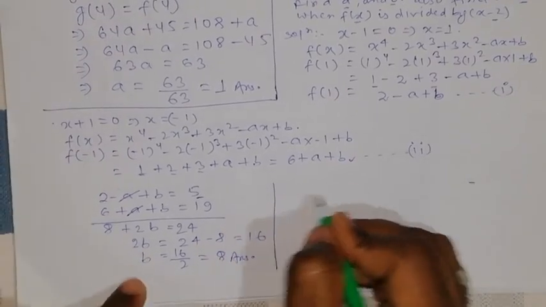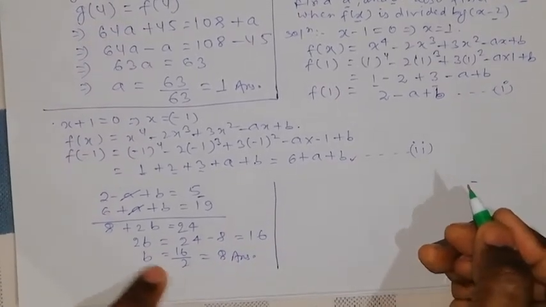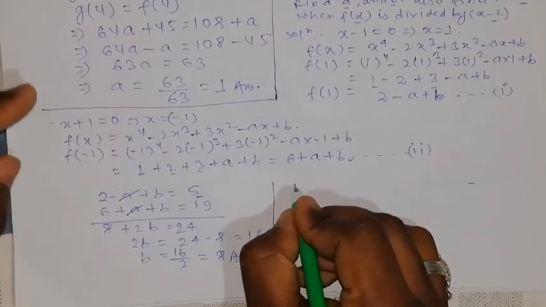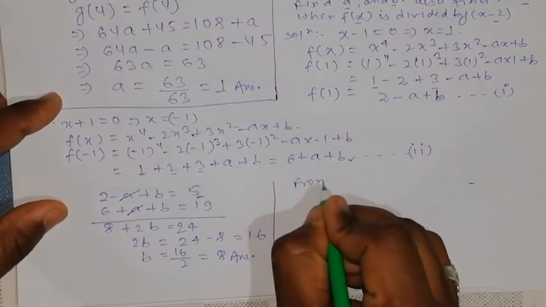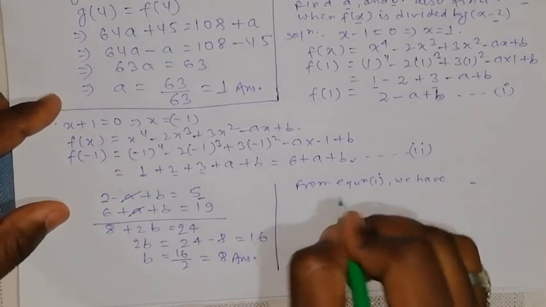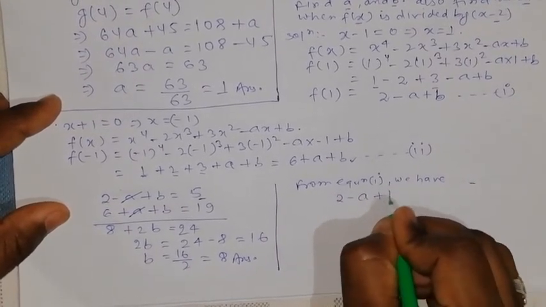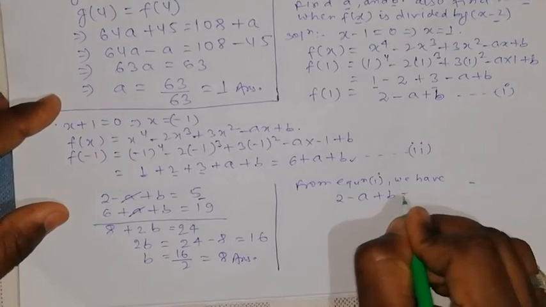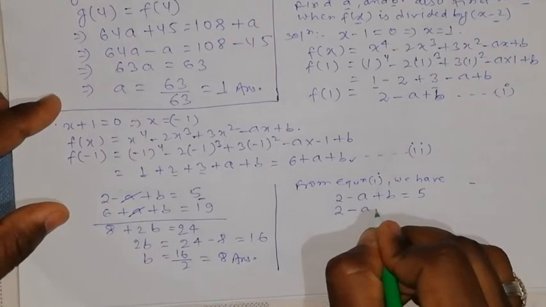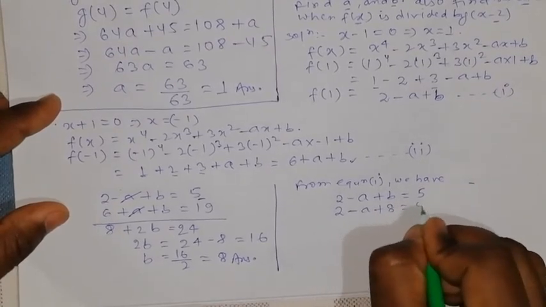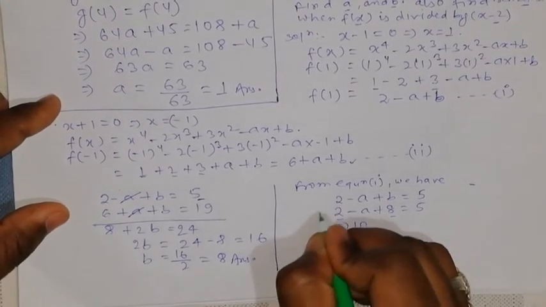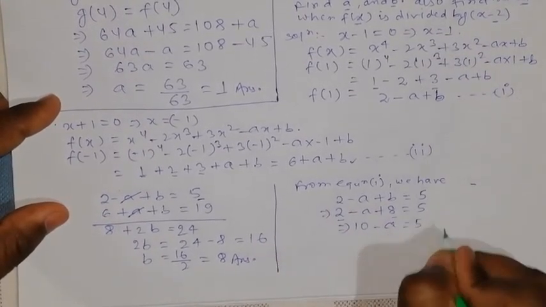Now put the value of b = 8 in any of the equations. We put it in equation number 1. From equation 1 we have 2 - a + b = 5. Then 2 - a + 8 = 5. Then 2 and 8 is 10, so 10 - a = 5.